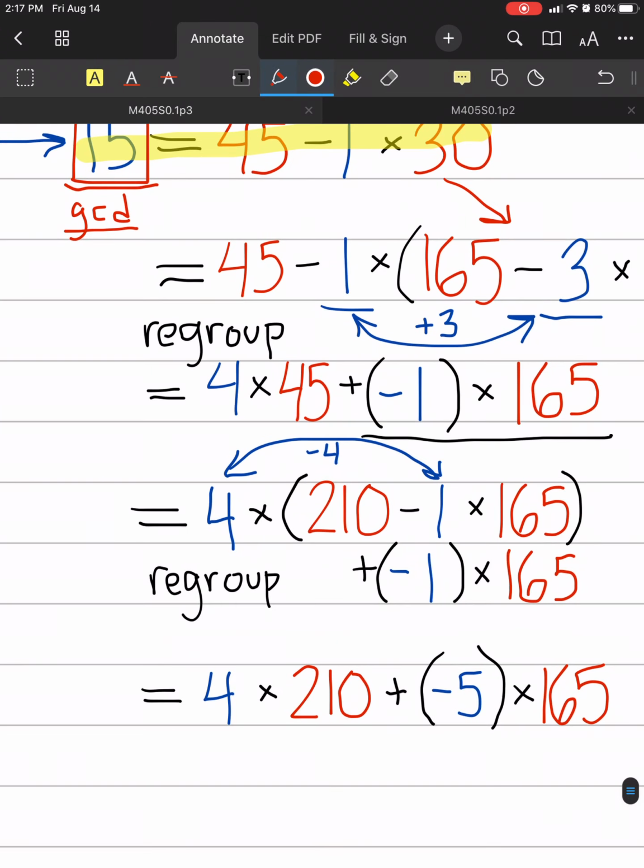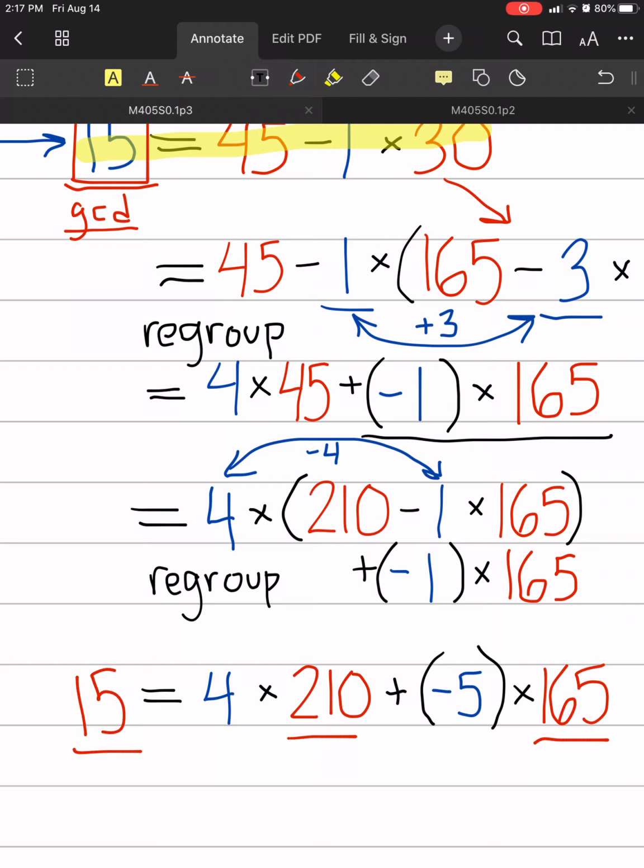So the GCD of 210 and 165 is now written as a linear combination of 210 and 165. This is a term that you'll have all seen in linear algebra. Let's actually work this out to make sure that we didn't make a mistake.